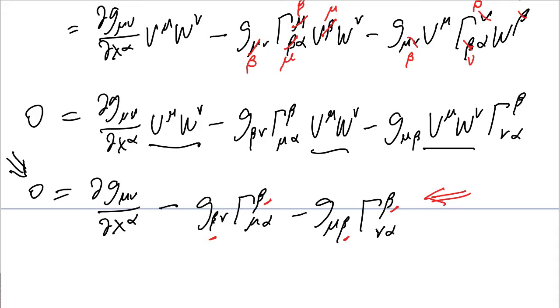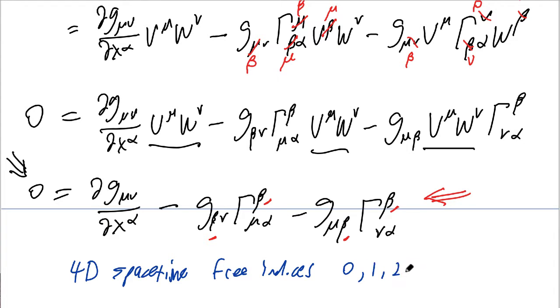And in four-dimensional space-time, the free indices can take on values 0, 1, 2, or 3. That's four different possibilities. So how many equations does this actually represent? Well, mu can take on any one of four values, nu any one of four values, and alpha the same. So that's 4 times 4 times 4 is 64 equations.